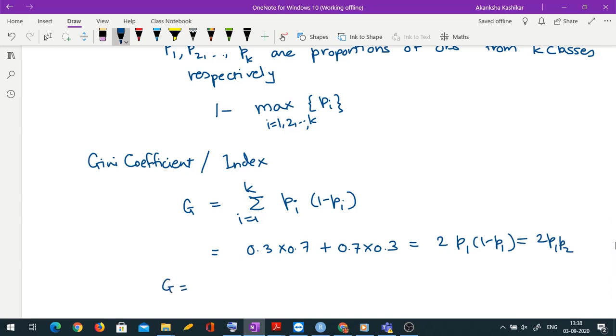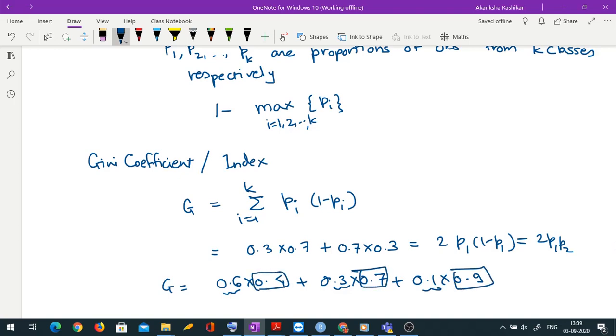In the 3 class setup, it would be 0.6 into 0.4 plus 0.3 into 0.7 plus 0.1 into 0.9. So you take each proportion and then you take the complementary proportion, pi into 1 minus pi.